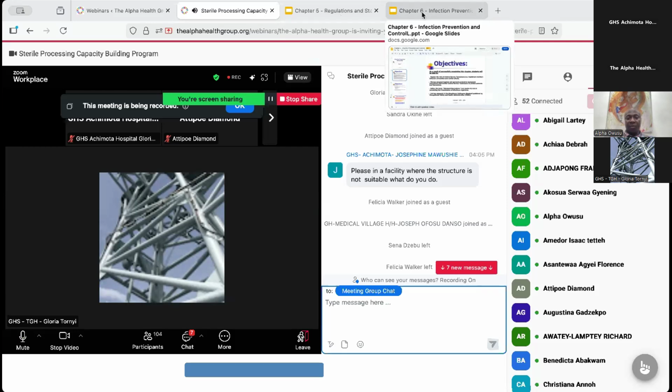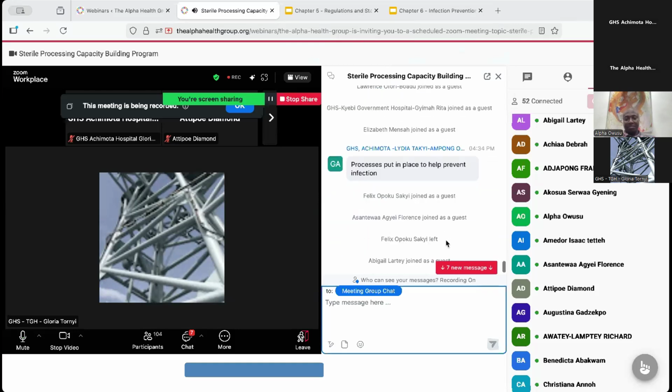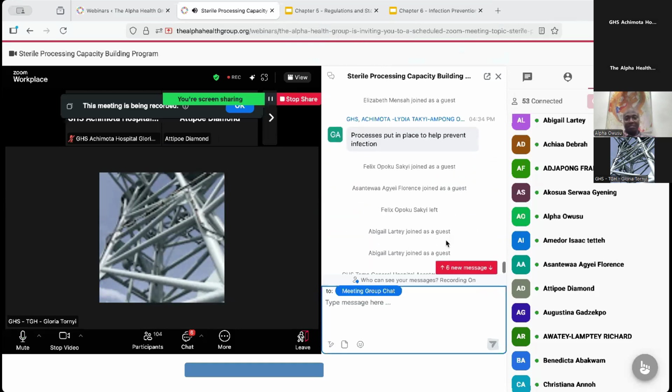And then the control are measures that, if the infection has spread, we put in place to limit the spread to other people, healthcare workers, patients, and their relatives, and then the working environment.